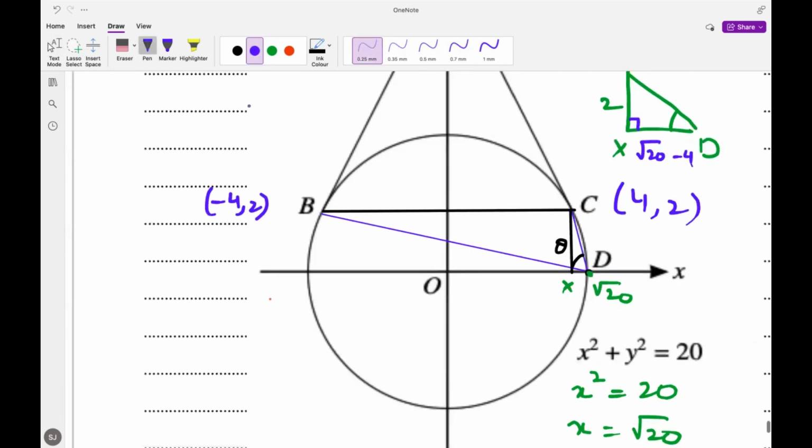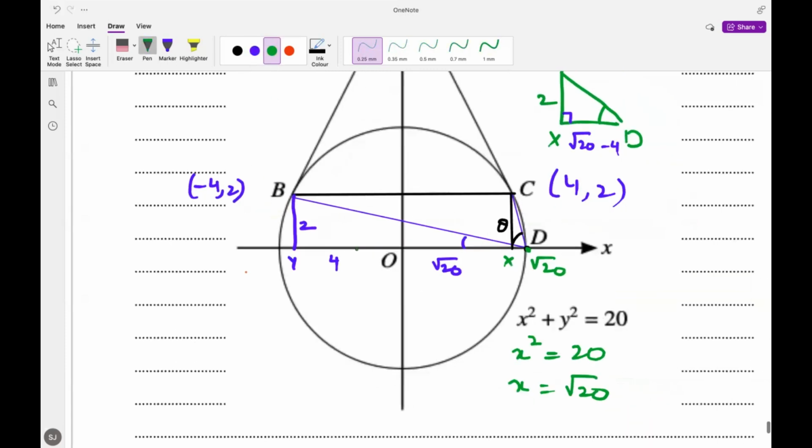Now in the next part, we have to find the angle BDO. Let's make a triangle from BD and call this point Y. From O till D, the total length is square root of 20, and from O till Y, the length will be 4, as the x coordinate is 4 up here. This is 2. So to find the angle BDO, we can use tan inverse of 2 upon the adjacent length, which will be 4 plus square root of 20.